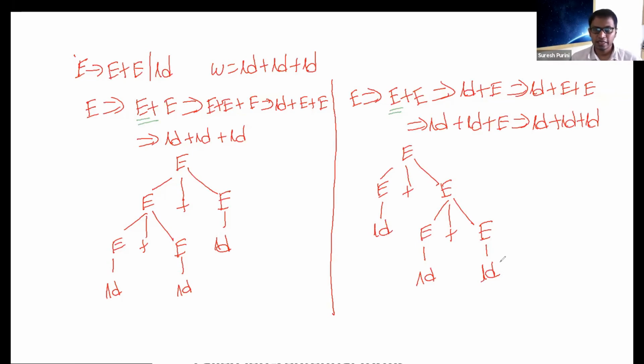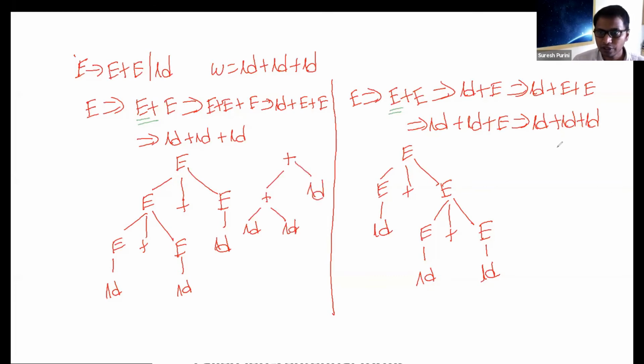So here you can see there are two different leftmost derivations for the same string. Since there are two different leftmost derivations, there are two different parse trees for the same string. So if you construct an abstract syntax tree for this particular parse tree, this is the kind of abstract syntax tree you will end up constructing.